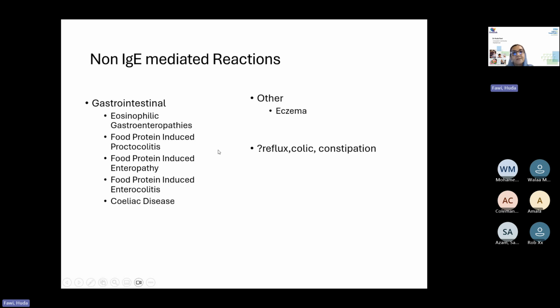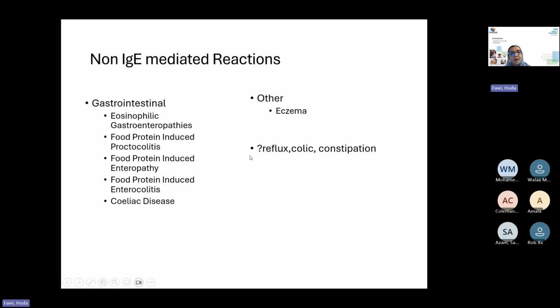In here, blood tests are not valid. The specific IgE will be low, but it does not mean that the child does not have these issues. They present with abdominal pain, vomiting, diarrhea, loss of weight. Food protein-induced enterocolitis can present with sepsis-like symptoms, and it is the anaphylaxis in a non-IgE-mediated reaction.